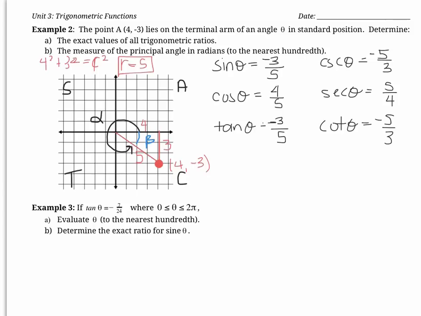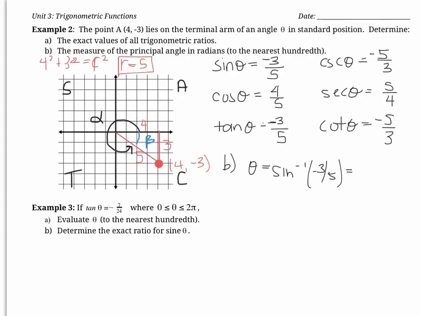So let's say that for B, I decide to use our ratio for sine. In order to find our alpha or our theta, we're going to take the sine inverse of negative 3 over 5. Make sure that your calculator is in radians.